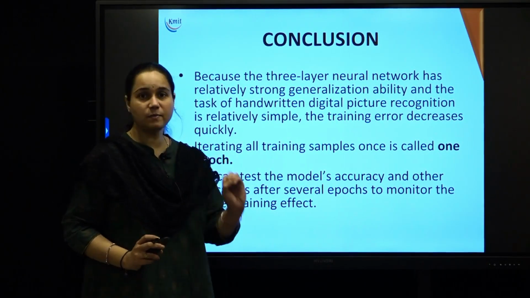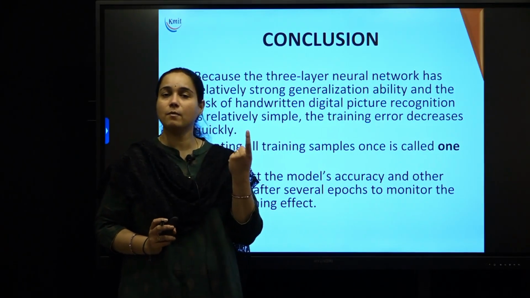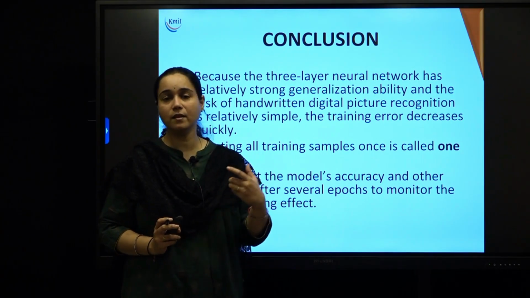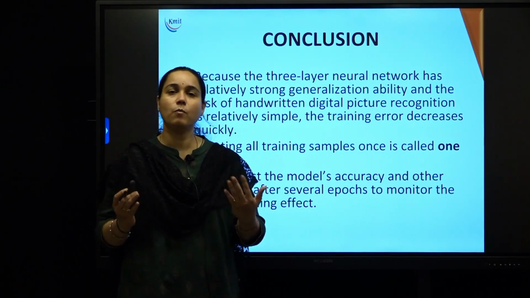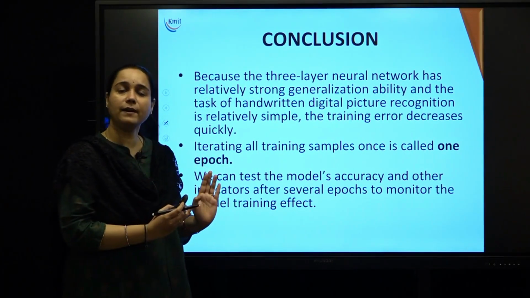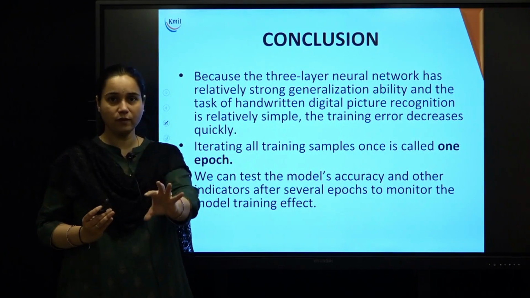So, you will see subsequently when we build a model, the number of epochs also plays a major role in determining accuracy of the model. We will see all these things in future when we build more models, but this particular topic was confined to how to build a classification model using TensorFlow for the first time.